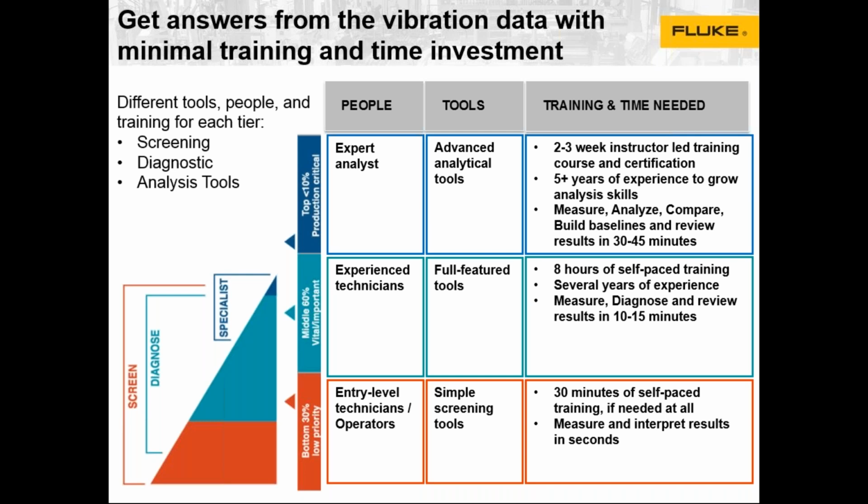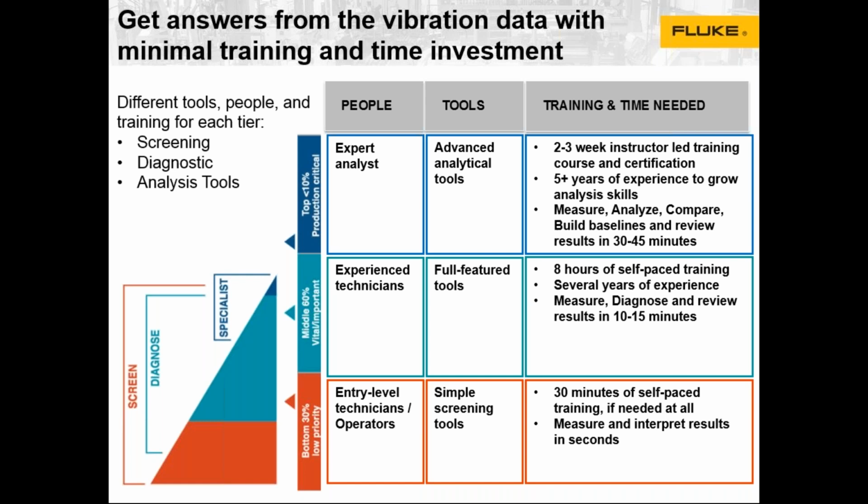And then down at the bottom, the vibration screening tools only take about 30 minutes of self-paced training and you're able to screen machines. So what this is showing you is that it just isn't a very time-effective, labor-effective, or good use of our resources to use specialists, to use experts on standard rotating machinery.